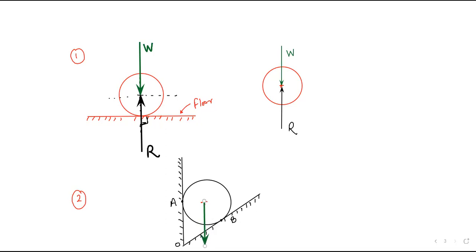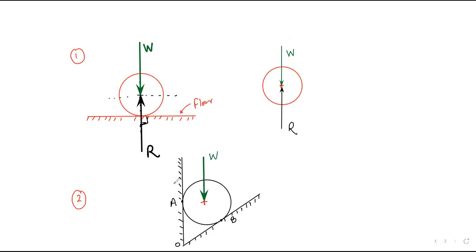This is the weight W, which is acting vertically downwards. This is the weight of the sphere. But according to the law of transmissibility of force, I can shift that weight along its line of action, so I can show it like this also. This is the weight of the sphere W.